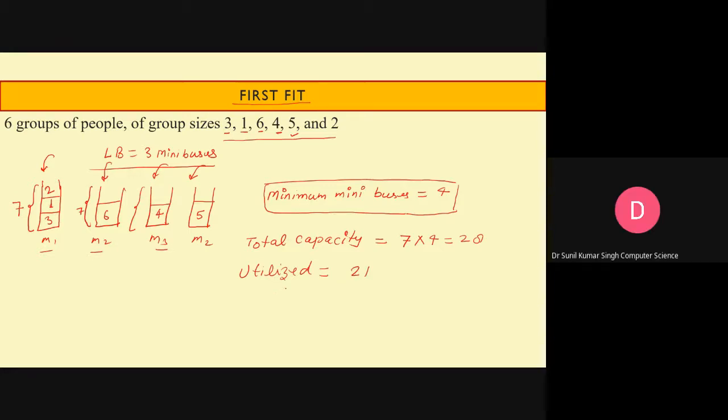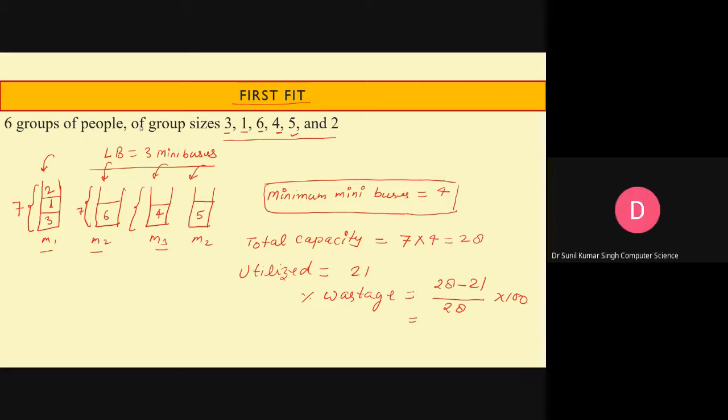So you can calculate the wastage also in terms of percentage. The percentage wastage will be 28 minus 21 divided by 28 into 100. So this is the percentage wastage of the seats, I mean, we can say of resources. 25%.